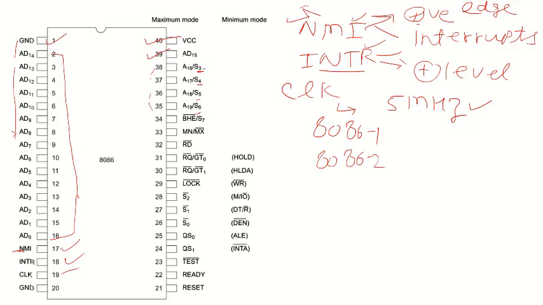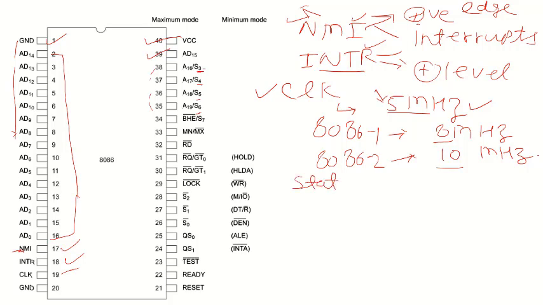The 8086-1 has an 8 megahertz clock frequency, and the 8086-2 has 10 megahertz frequency. Okay, so this clock frequency, 5, 8, or 10 megahertz, is generated using a crystal oscillator. Generally in a microprocessor, to generate this type of clock frequency, we use a crystal type of oscillator. And next is the status signals.